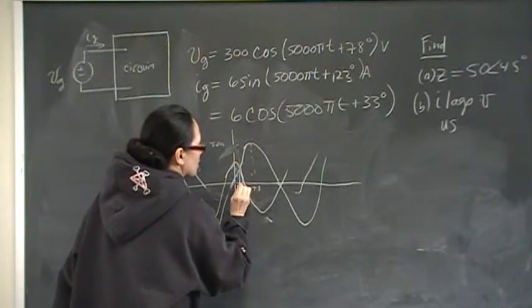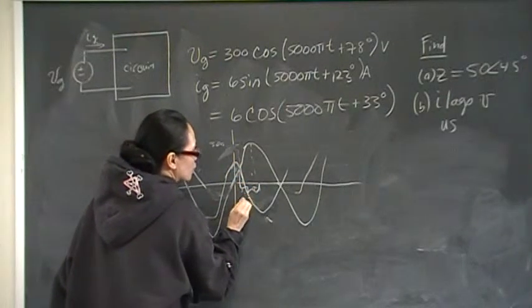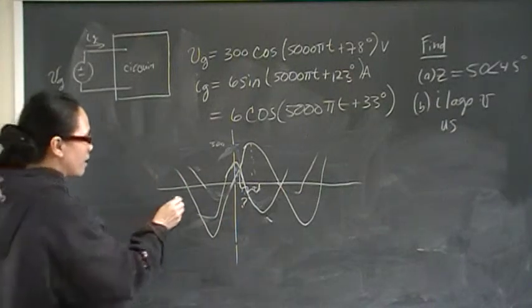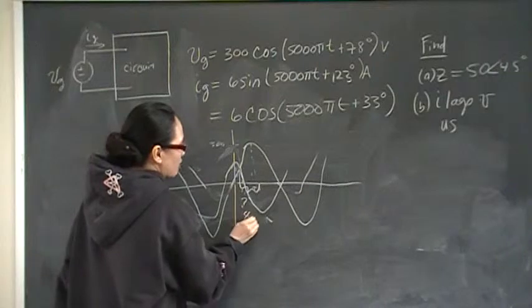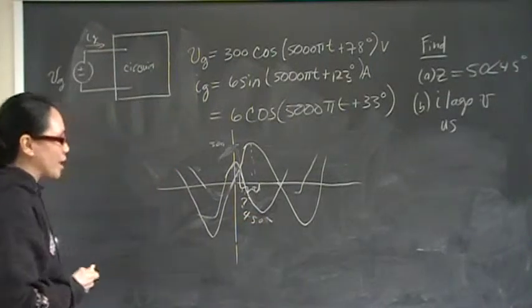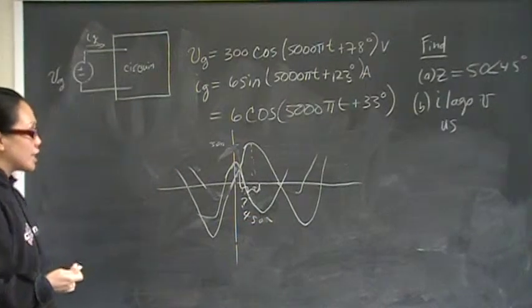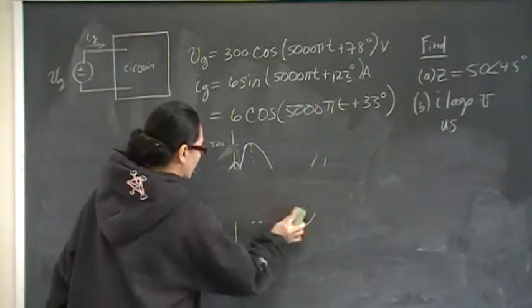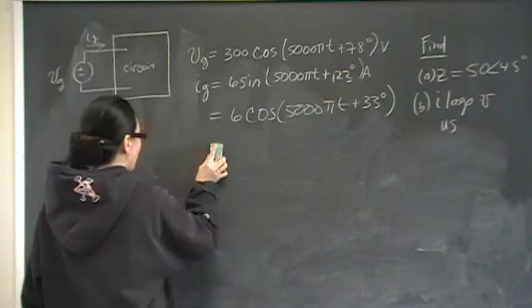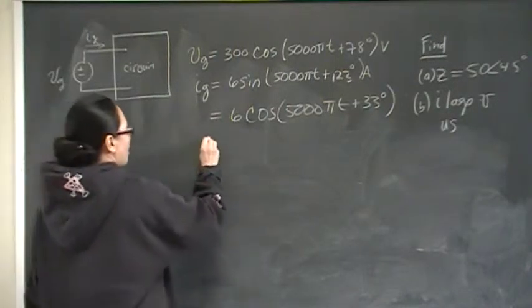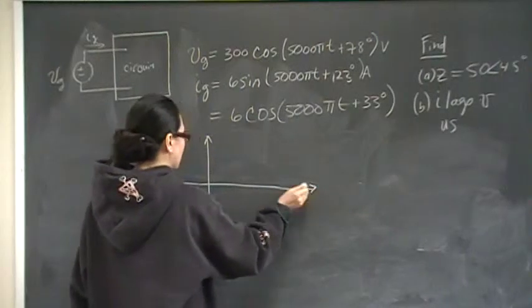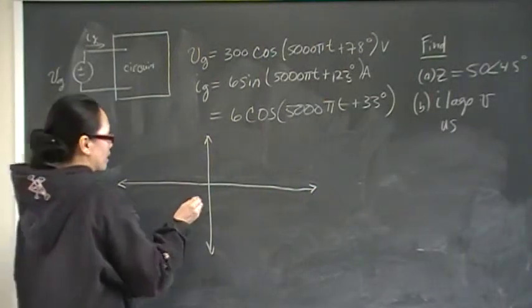And the question is, how much time is that? We know that it's 45 degrees, but how do we translate 45 degrees into a time? We need to somehow make the translation from degrees into microseconds.